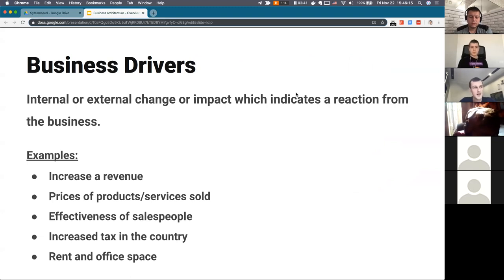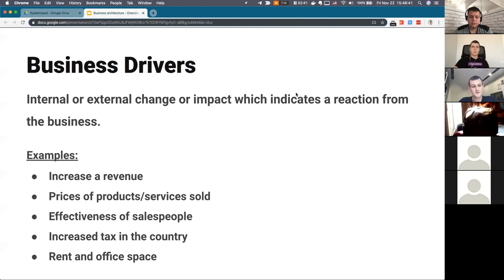For example, business always wants to increase revenue. This is a driver for business. So they need to do something to increase revenue. So it requires reaction.